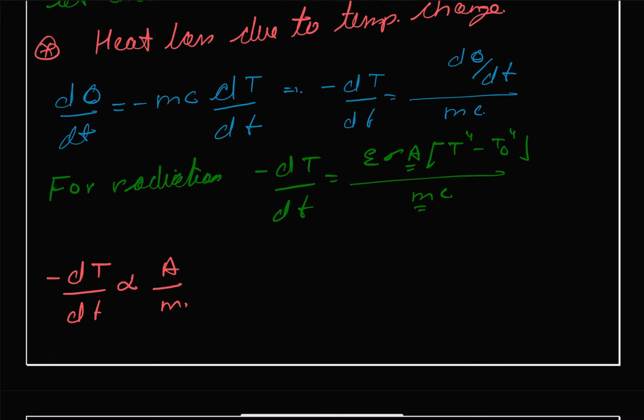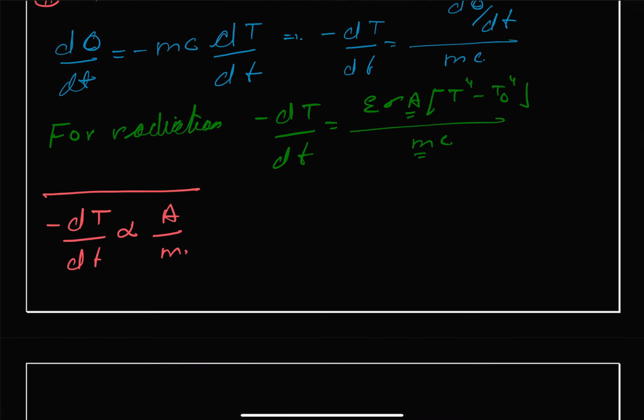So ultimately, from here we can say that this area to mass ratio is going to define how fast the body is going to cool. The higher the surface area to mass ratio, the faster will be the cooling. Okay. This conclusion can be drawn from here.